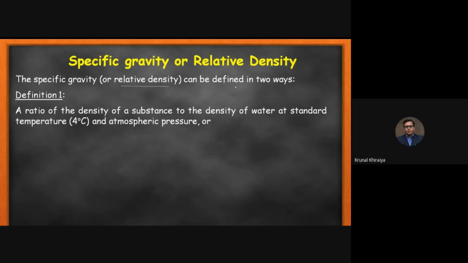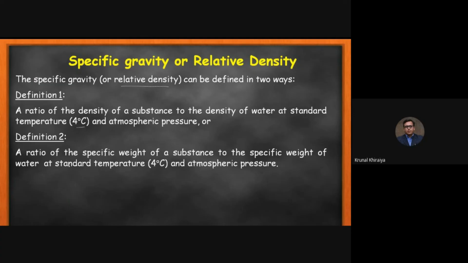One is the ratio of the density of a substance to the density of water at a standard temperature, that is 4 degree, and atmospheric pressure, meaning 1 atmosphere. And the second is the ratio of the specific weight of the substance to the specific weight of water at the standard temperature, that is 4 degree, and atmospheric pressure. That is called specific gravity.